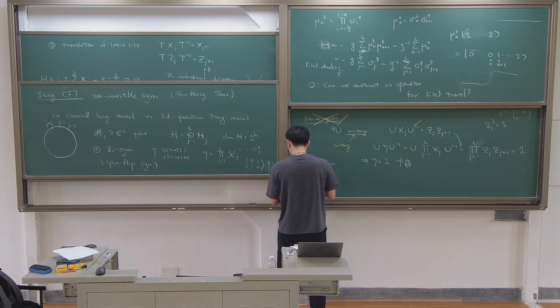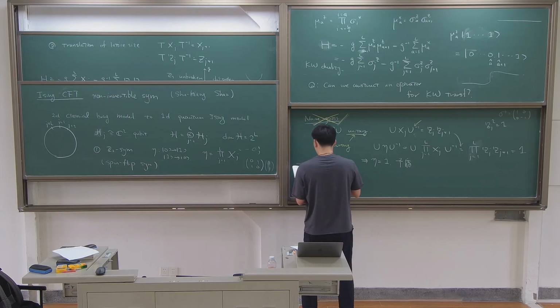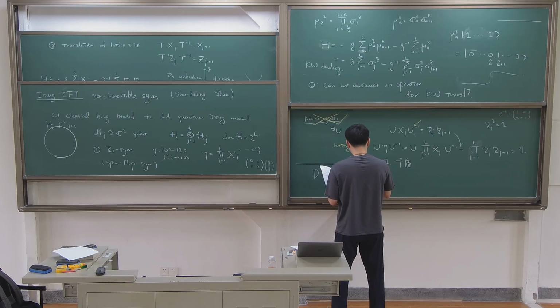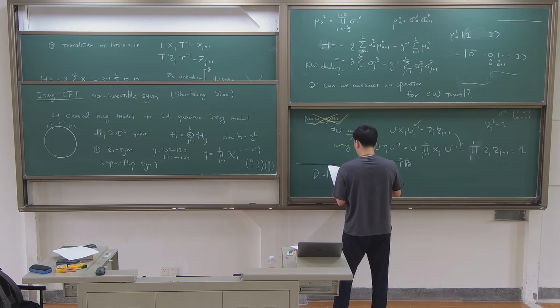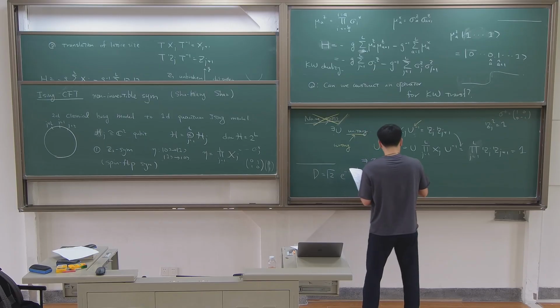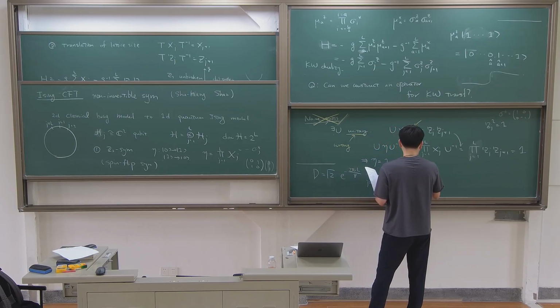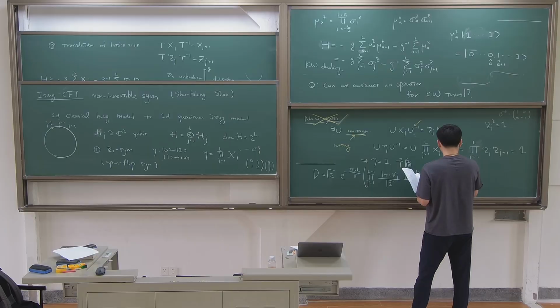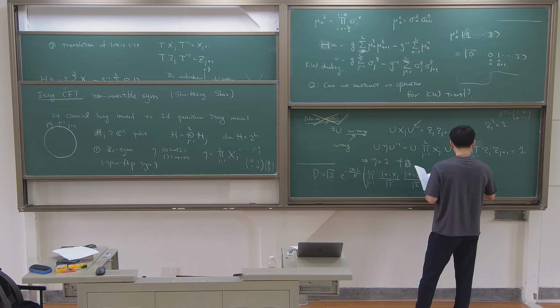So we consider the following transformation: D is equal to square root of 2 to the power of minus 2 pi i L over 8, and the product of j equal to 1 to L minus 1 of (1 plus i Xj) divided by square root 2, times (1 plus i Zj Zj plus 1) divided by square root 2, and then (1 plus i XL) over square root 2, times (1 plus eta) over 2.